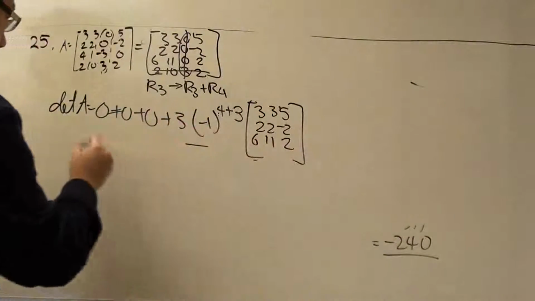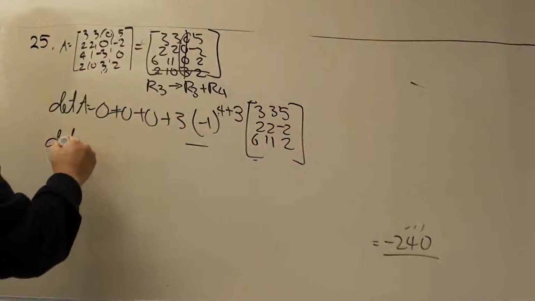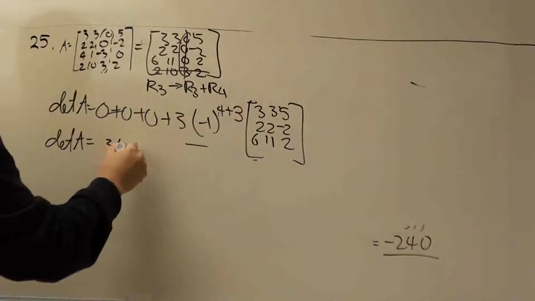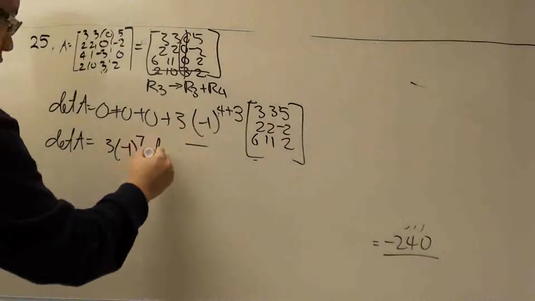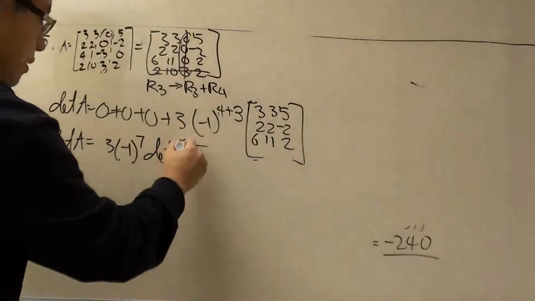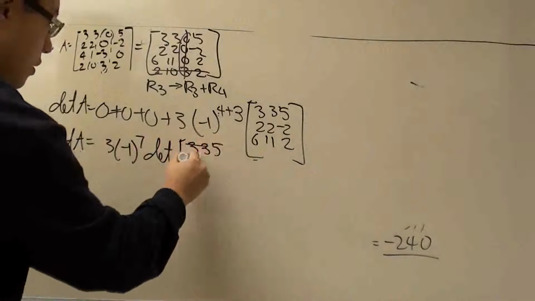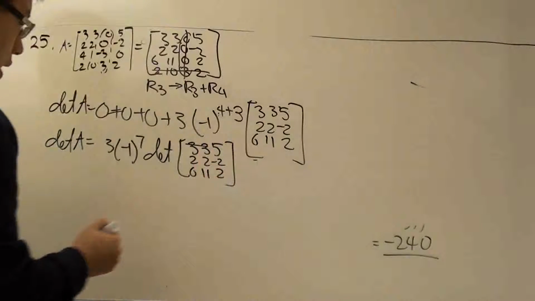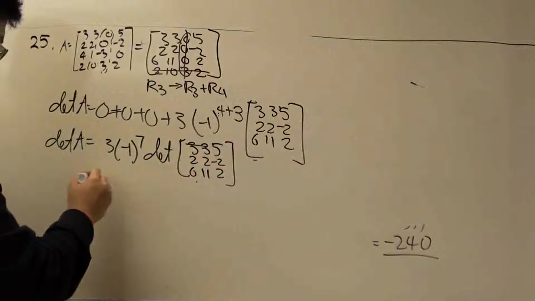Let's just keep going with this. So determinant A is still the same thing as 3, negative 1 to the 7, and the determinant of that. Okay, so I'm going to actually change that.